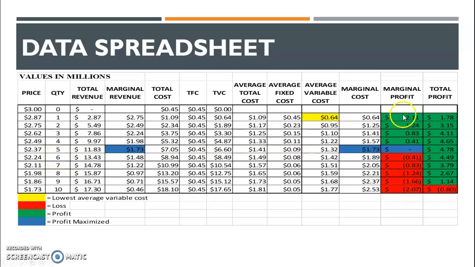Our profits are outlined in green. We start to accrue losses when we get up to 10 quantity. But you can see that we reach profit maximization when you get up to 5 quantity, as you see that our marginal costs and our marginal revenues equalize.